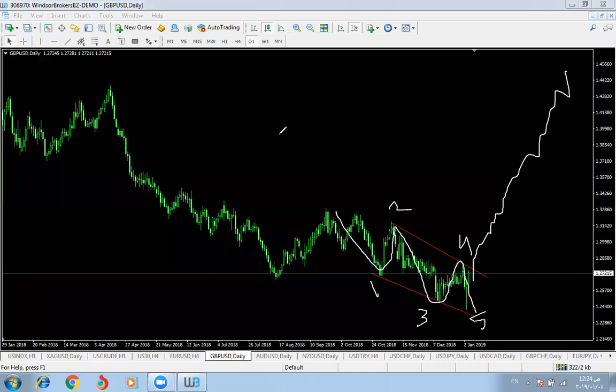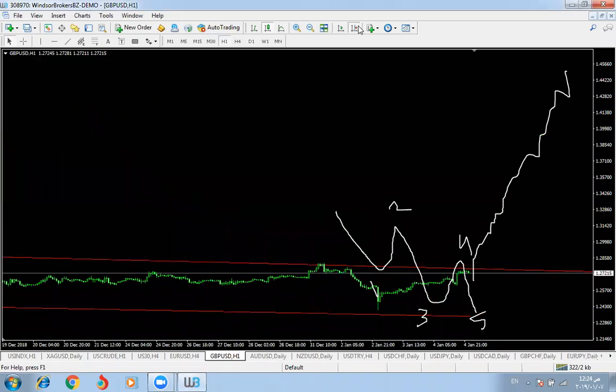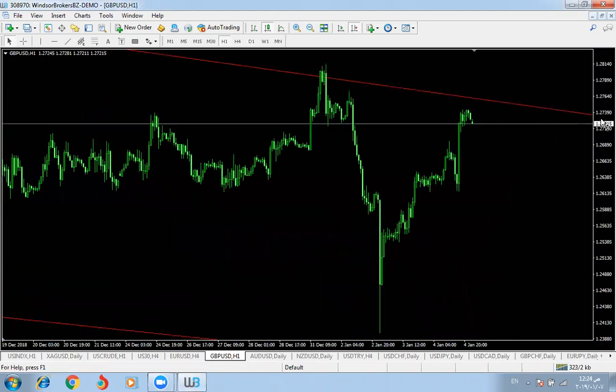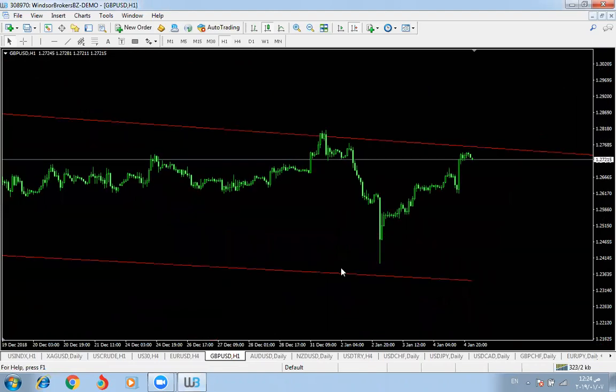We can go to a lower time frame to try to find our entry points. You have to buy the pound after each correction to the downside.